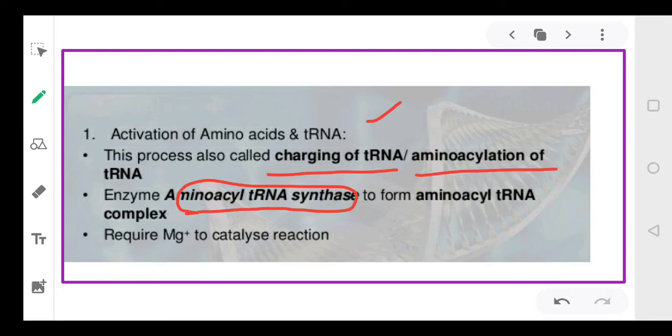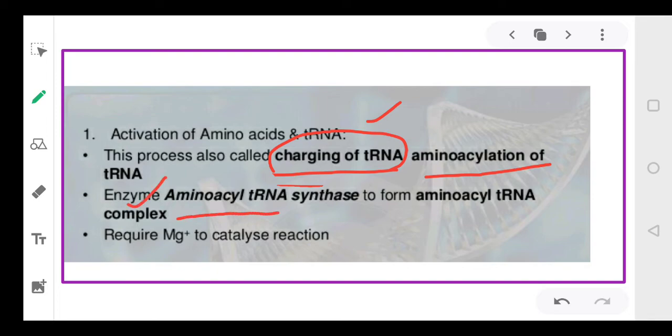Very first is the activation of amino acids and the tRNA. This process is also called charging of tRNA, or amino acylation of tRNA. Charging of tRNA is done by the enzyme amino acyl tRNA synthetase, and for this process magnesium ions are required. So this process is very important and can only occur in the presence of magnesium.